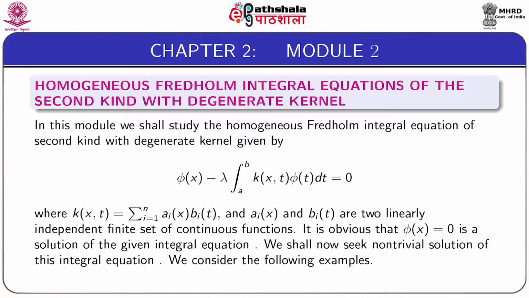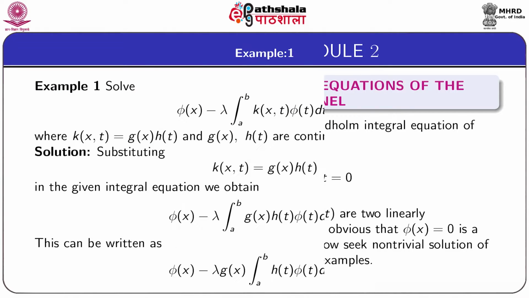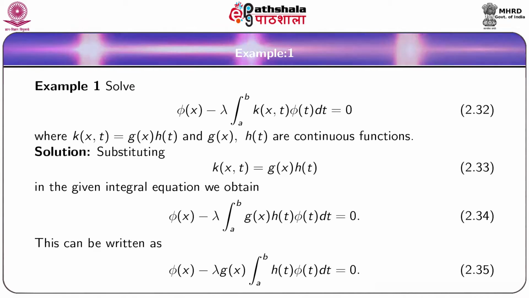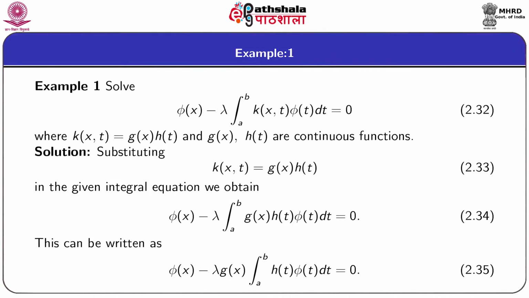We shall now consider some examples. Example 1, we will solve the Fredholm integral equation given by equation 2.32, where the kernel K(x,t) is given by the product of two functions g(x) and h(t), where g(x) and h(t) are continuous functions.